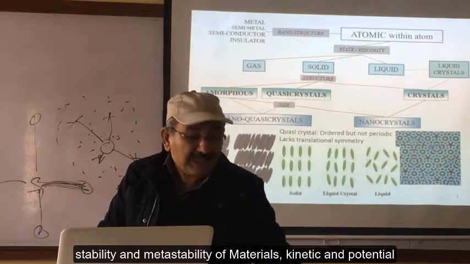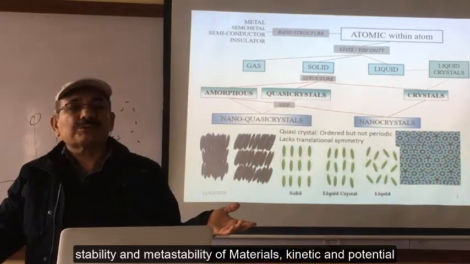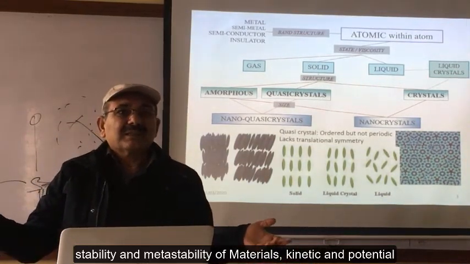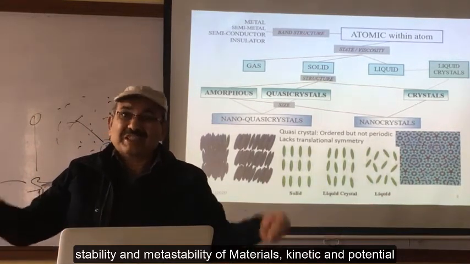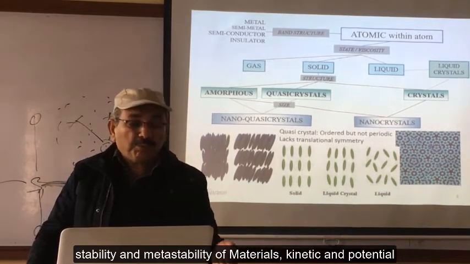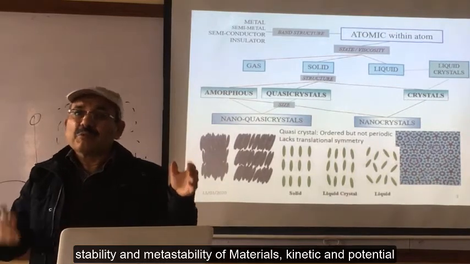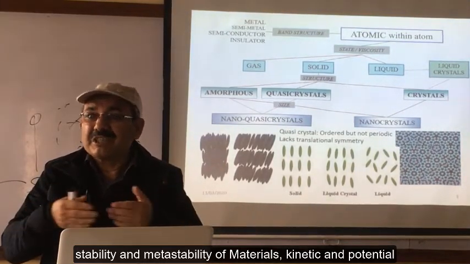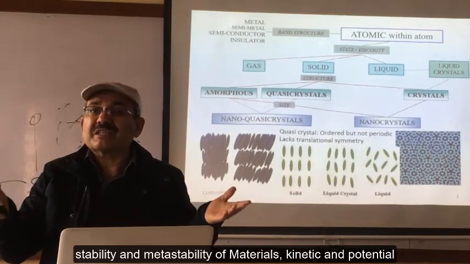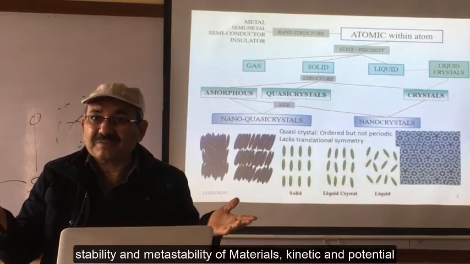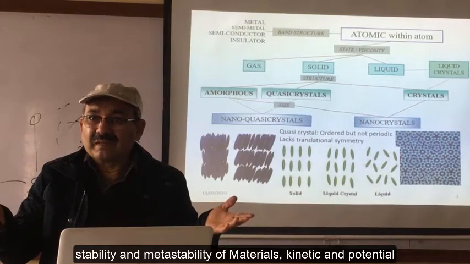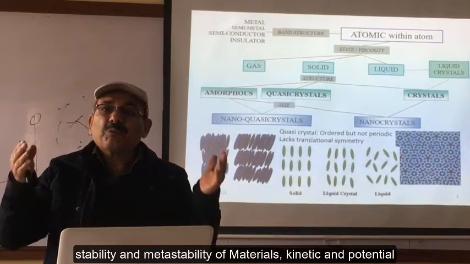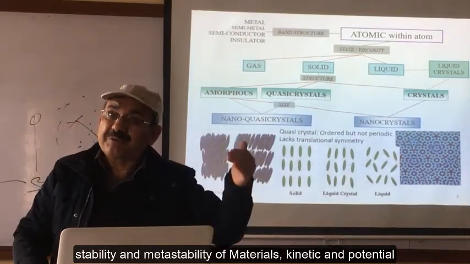Right? But there are many materials which don't want to come together because of the energy, but we still make them. So when we talk of such things, we are talking of naturally happening things. Artificially you do many things which are not allowed by the natural laws. Right? So in nature, we are talking of equilibrium phases.